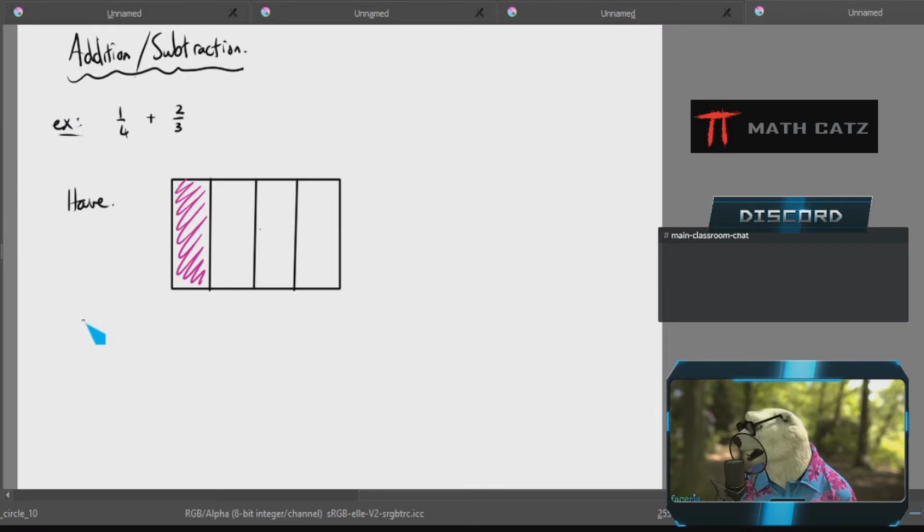Then I'm going to put that together with, oh, no, not pink. Together with, because I'm adding, another rectangle, some more stuff.